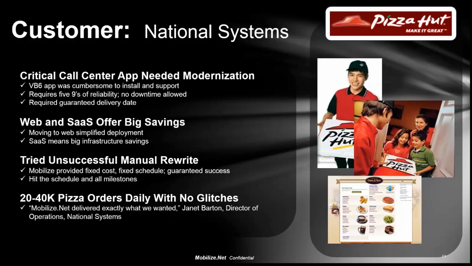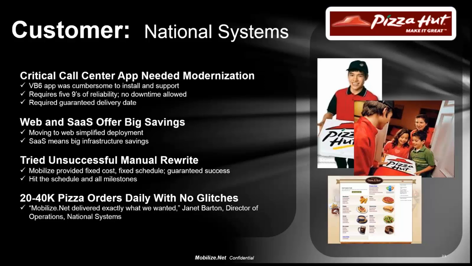They wanted a user experience that was identical to the VB application because they said, look, we have so many users, we can't possibly retrain all of them. Okay, so we need something that we can roll out absolutely seamlessly, and customers can start using it right away. They needed a very high level of reliability, really five nines.